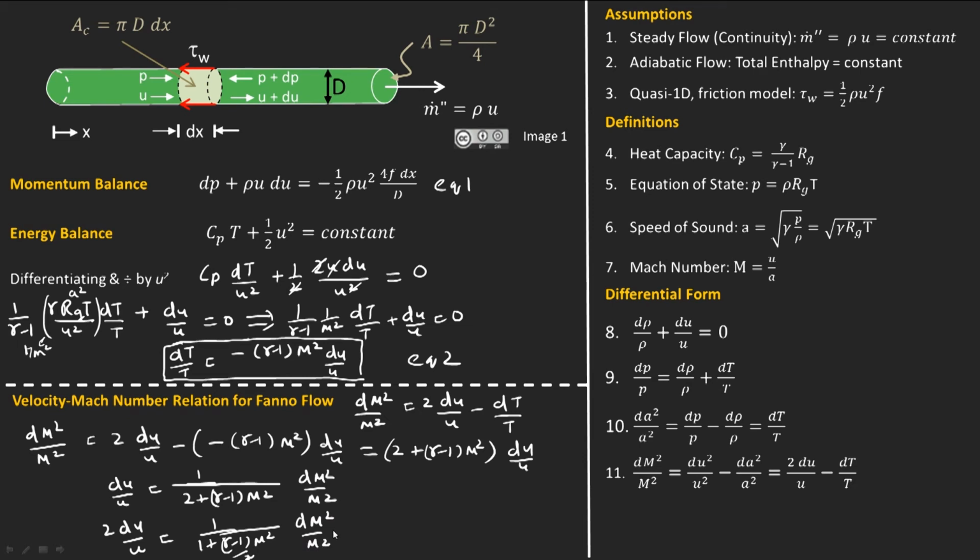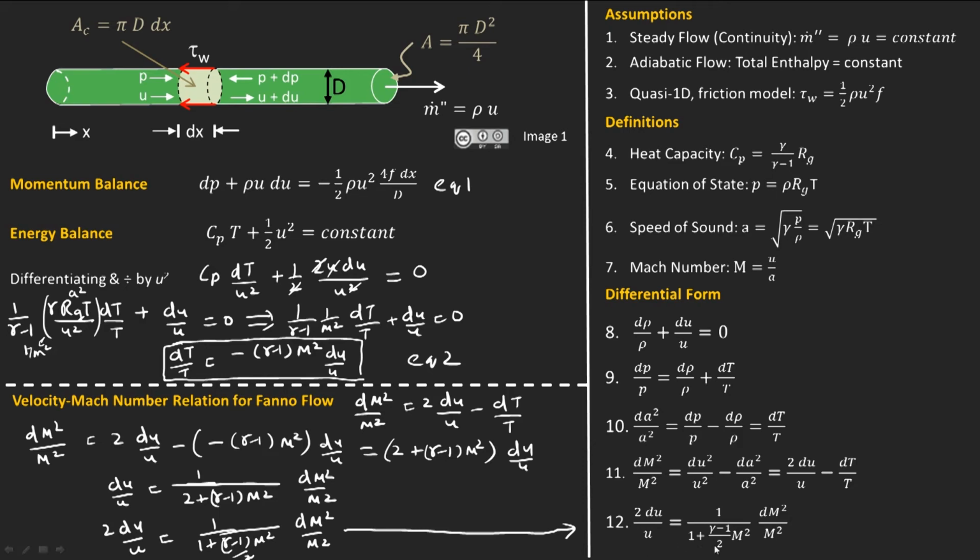We now have an equation relating the velocity du over u to the Mach number dM squared over M squared on the right. This is a very useful expression which will be used further in developing the mathematical model of flow with friction. Therefore, in recognition of its importance, I am going to give it the status of an important equation to be classified under the differential form and place it over there.